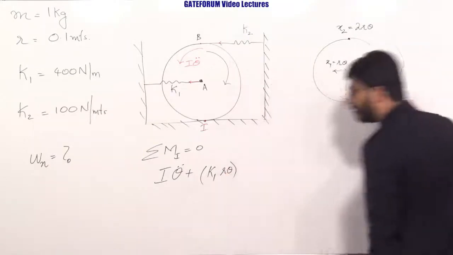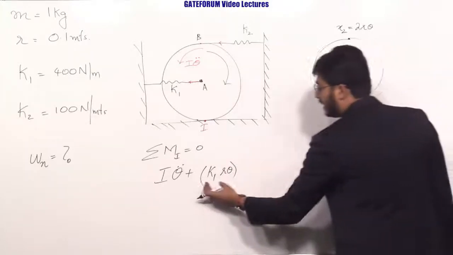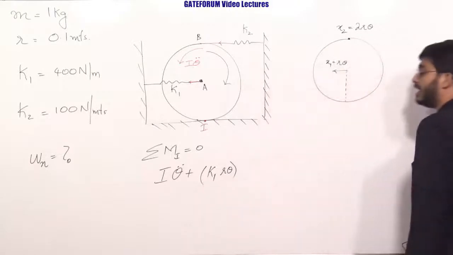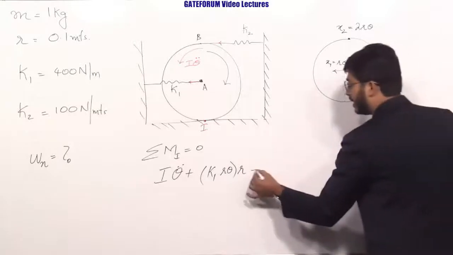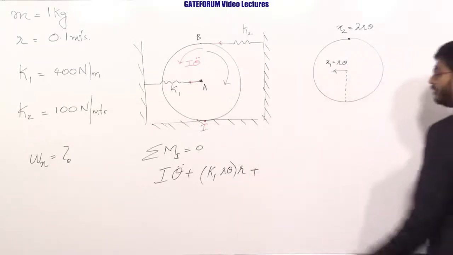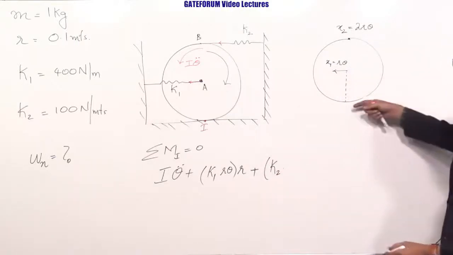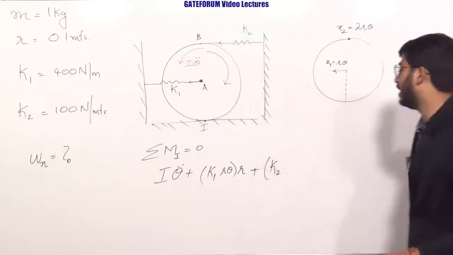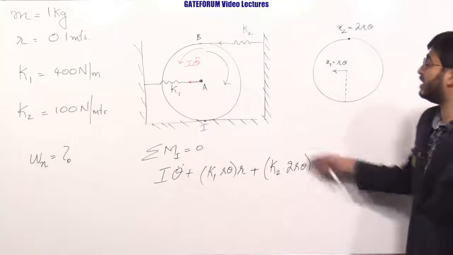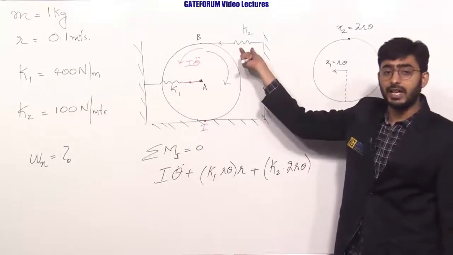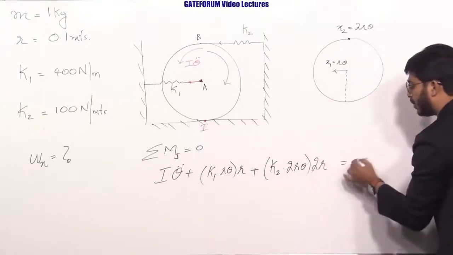K1 into this displacement in the spring gives the spring force, and the perpendicular distance is r. Similarly for K2, it is K2 into 2r theta, the spring force exerted on the spring at the circumference, into the perpendicular distance 2r, equal to 0.